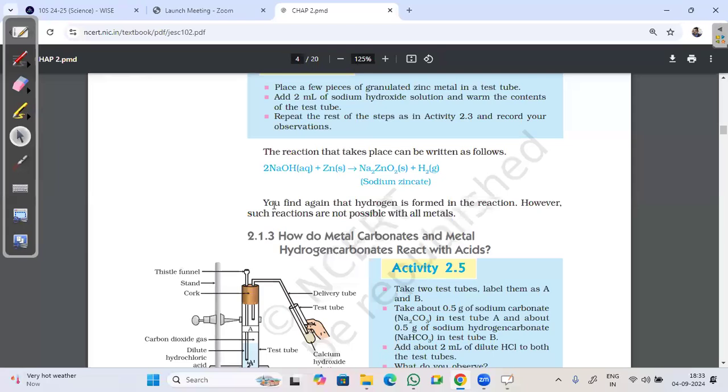Yes, but only some of the bases, not all of them. A few bases give hydrogen gas with certain metals. For example, sodium hydroxide when it reacts with zinc gives us sodium zincate and hydrogen gas.